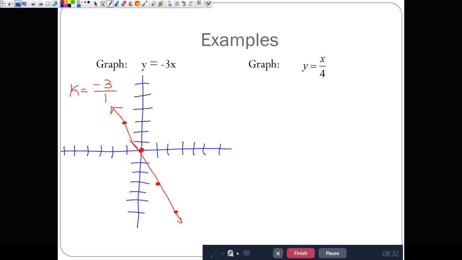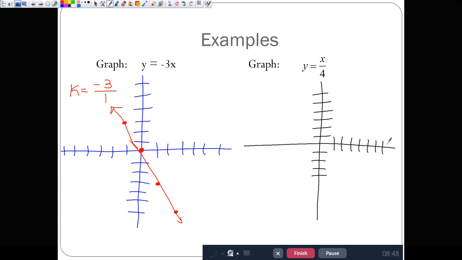Okay, let's try the next one. Okay, so we always start at our origin. And can somebody help me find my k?